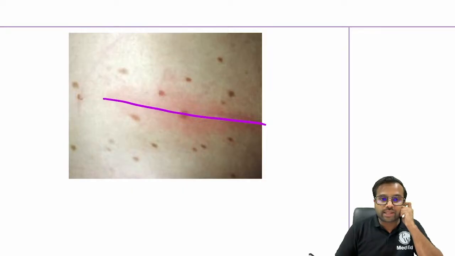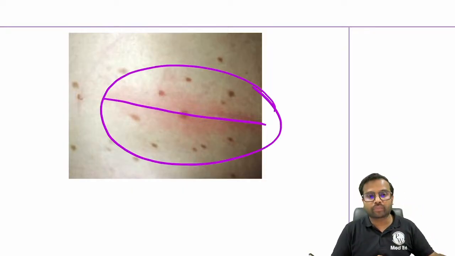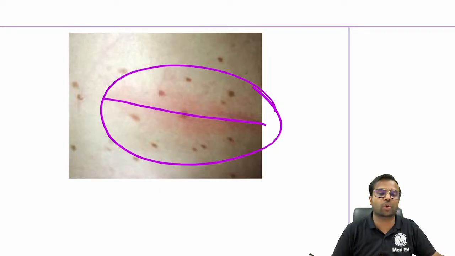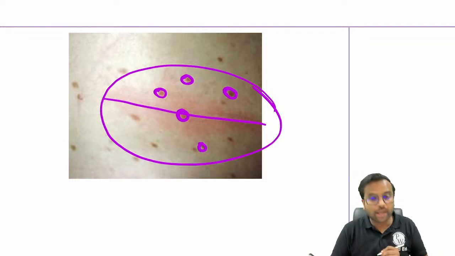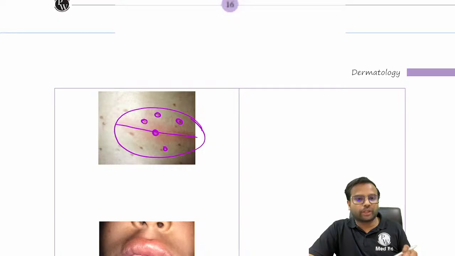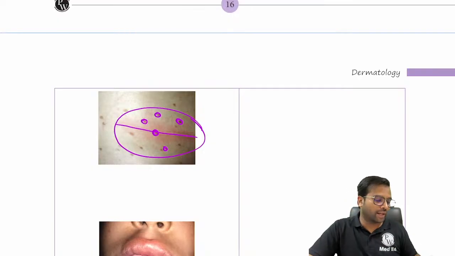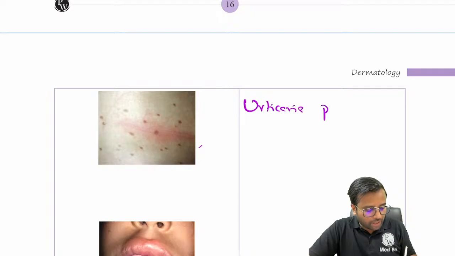After stroking the skin, the patient has developed an erythematous lesion around the stroking, and I can see a lot of hyperpigmented macules over the skin. Does all this ring a bell? What is the diagnosis or clinical sign? Yes, this is called Urticaria pigmentosa.